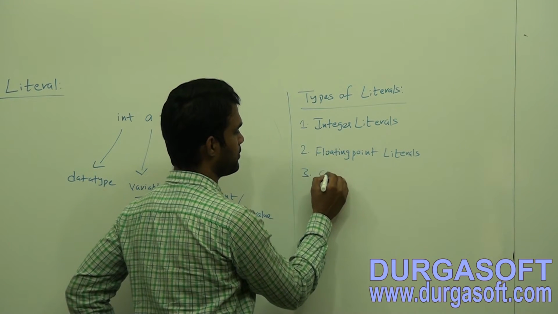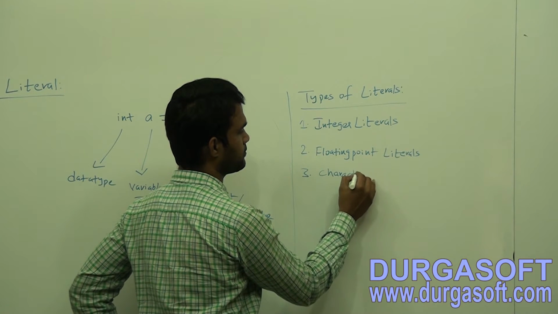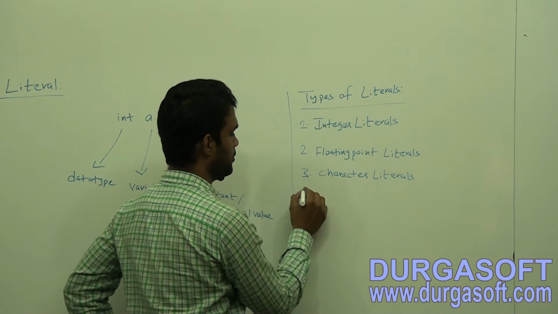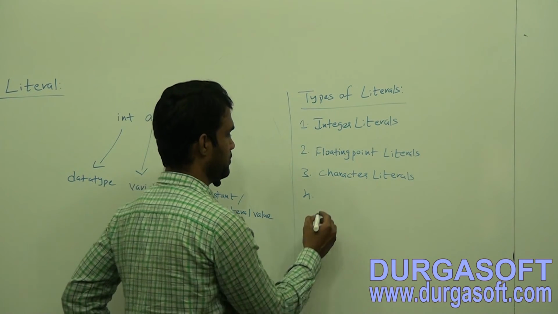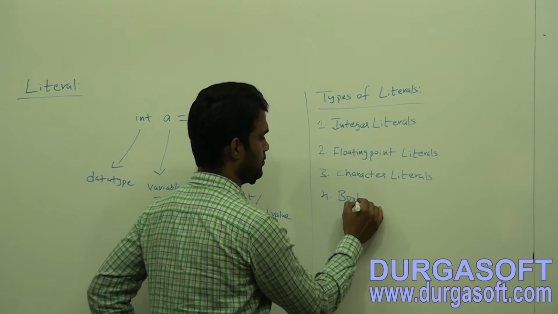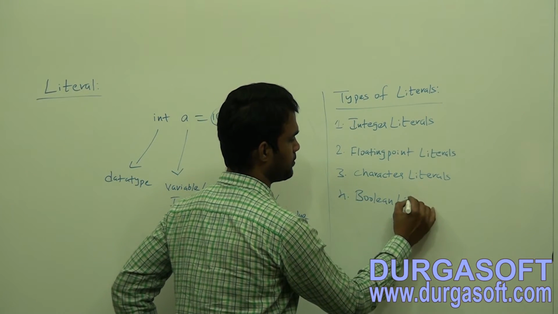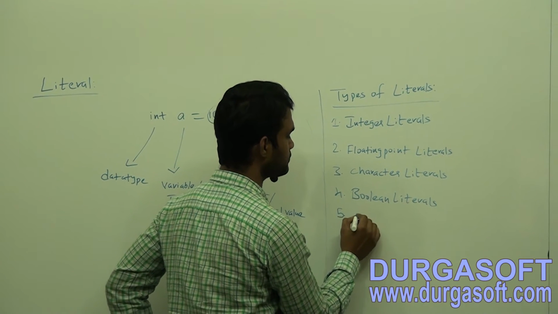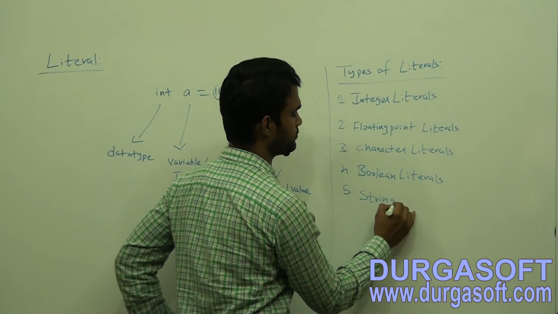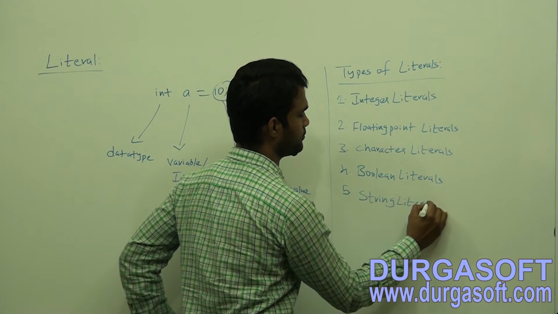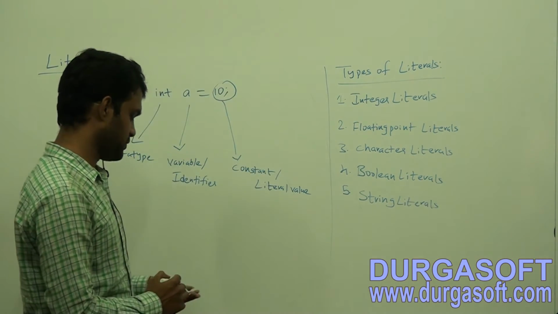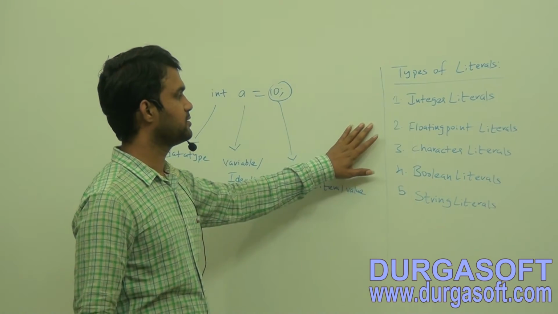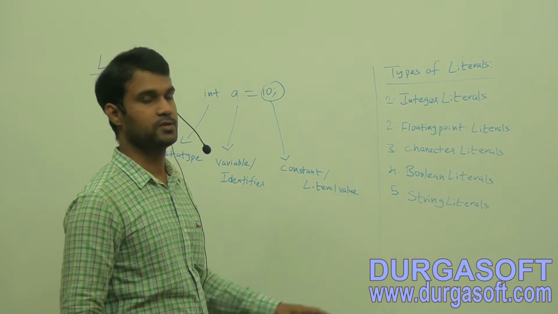Third one is character literals. Fourth one is boolean literals, and fifth one is string literals. So the types are integer literals, floating point literals, character literals, boolean literals, and string literals.